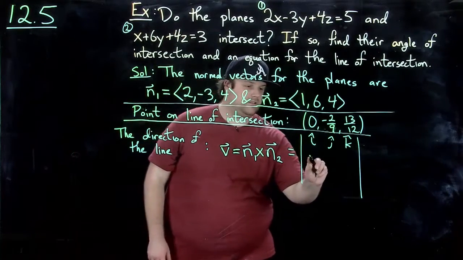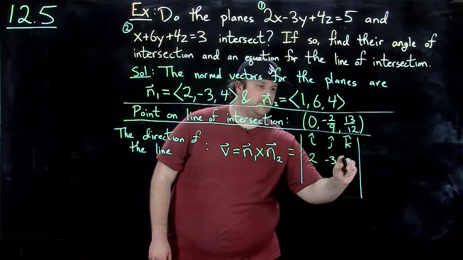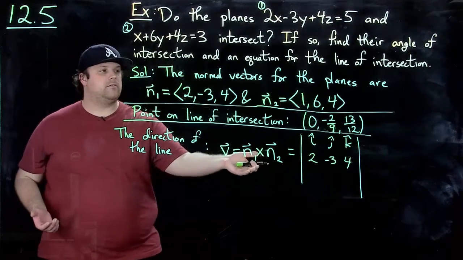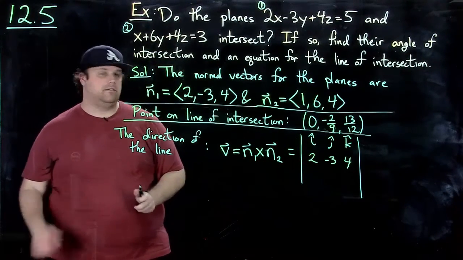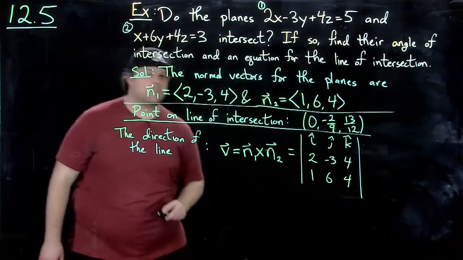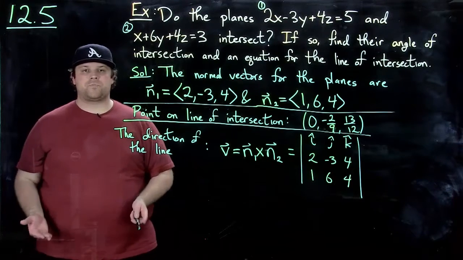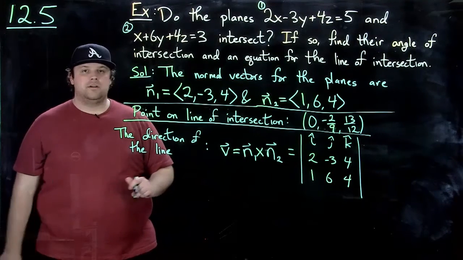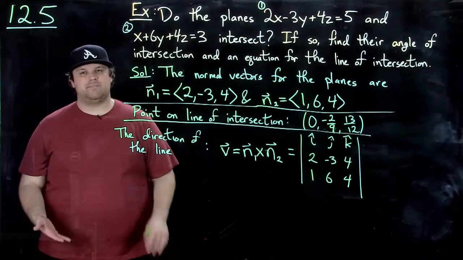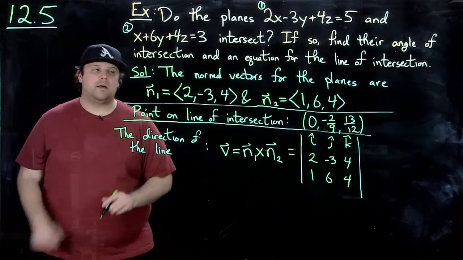So 2, negative 3, 4. And then the third row should be the second vector: 1, 6, 4. Remember, the order matters because if we flip these, we get a minus sign. That's the only difference.